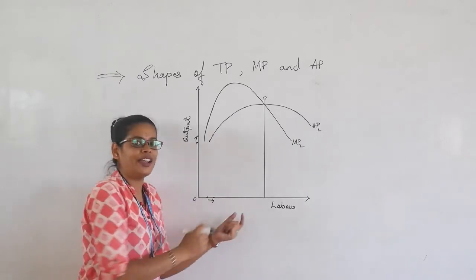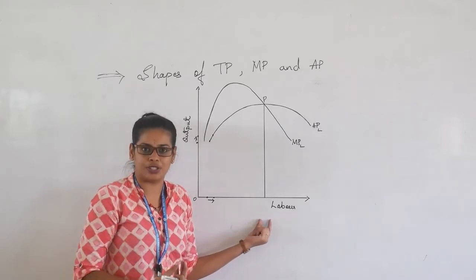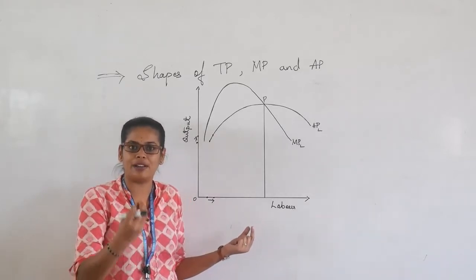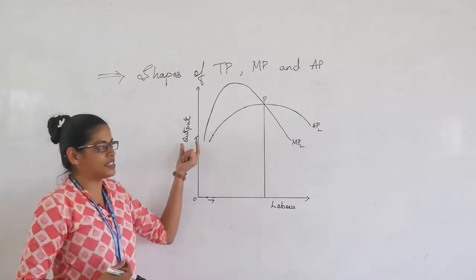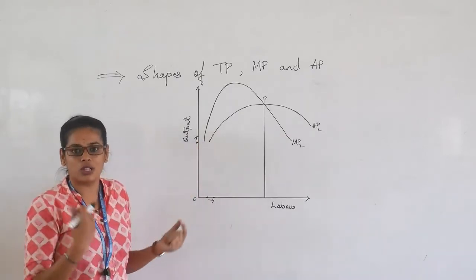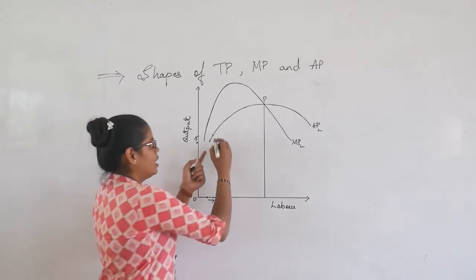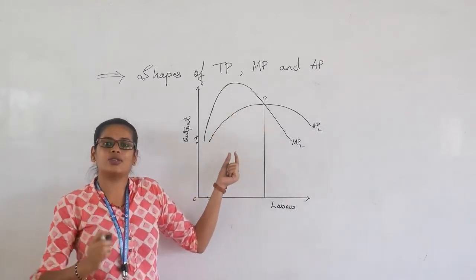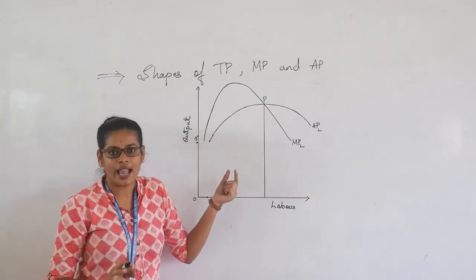When you have increased the inputs, keeping other inputs constant, when you have increased the labor by 1 unit, then what happens? Here the output is also increased, right? So as you go on increasing the labor, there will also be a gradual increase in the output.